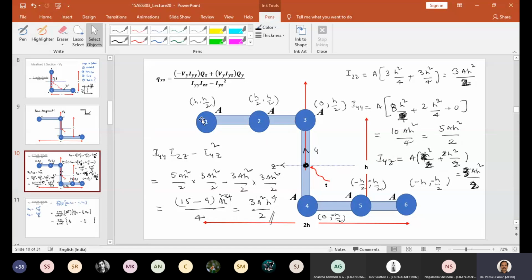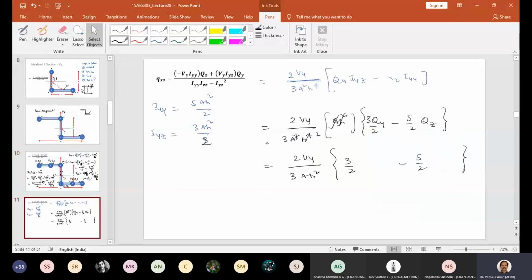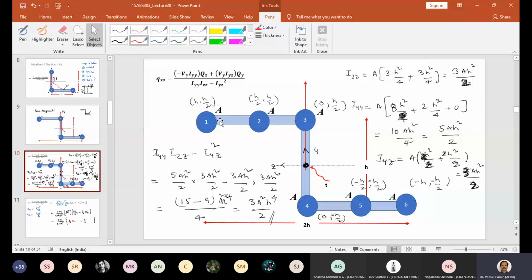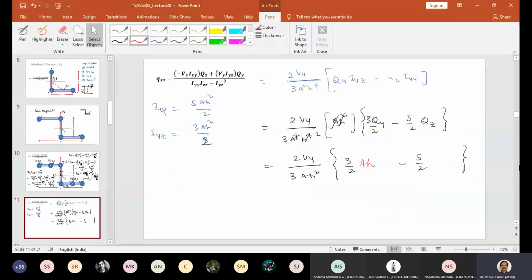Qy is A into H, isn't it? A into H, positive. Qz is this one, H by 2 into this. So it's very easy. A into H square. Sorry, H by 2.